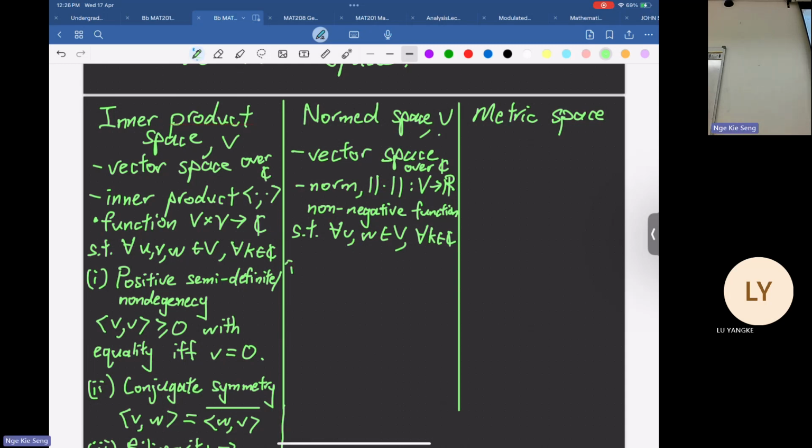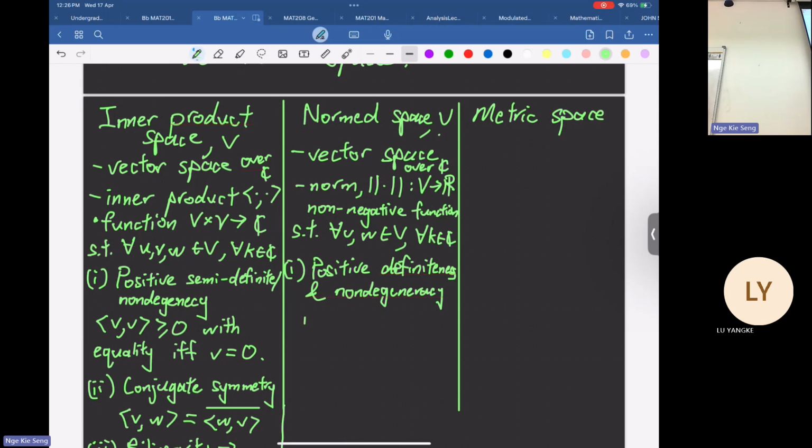So what are the properties we have here? Three properties as well. First, you still have a similar positive definiteness, which is definiteness and non-degeneracy. What does this mean?